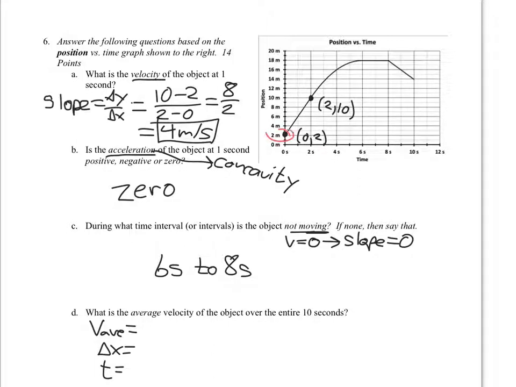So I start here at a position of 2 meters and I end up here, which is a position of 14 meters, which means that my change in position is going from 2 to 14, which is a change of 12 meters. So that's my displacement. The time that it takes for that to occur is 10 seconds, and so I find that my average velocity here is going to be 12 divided by 10, or 1.2 meters per second.